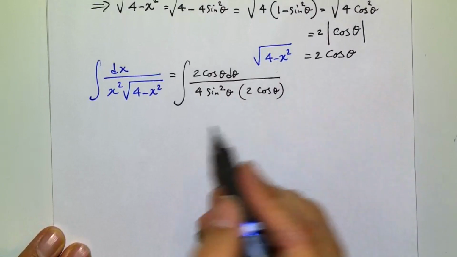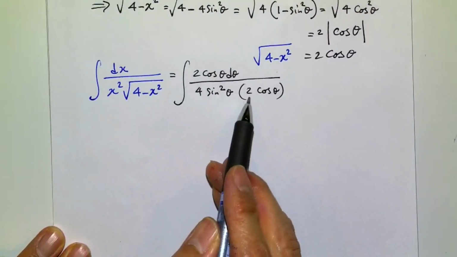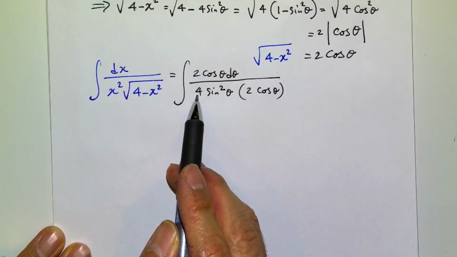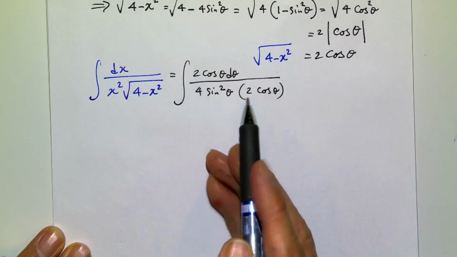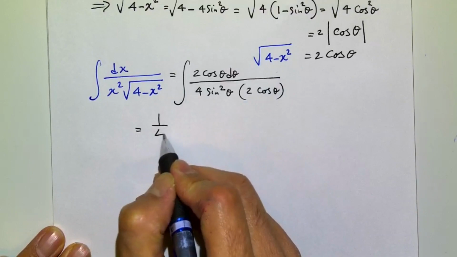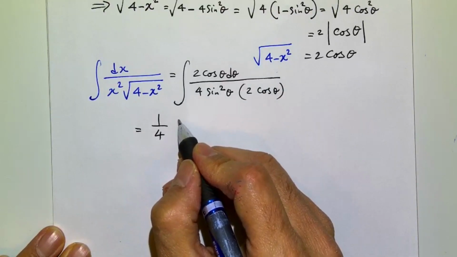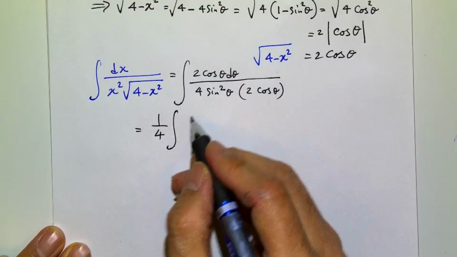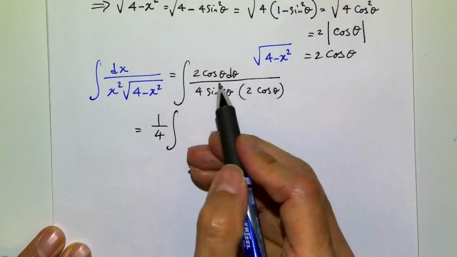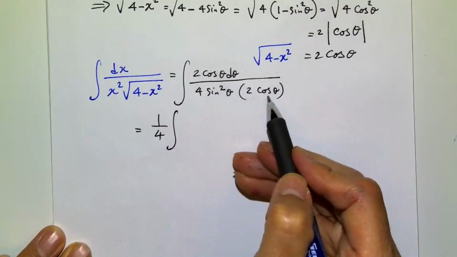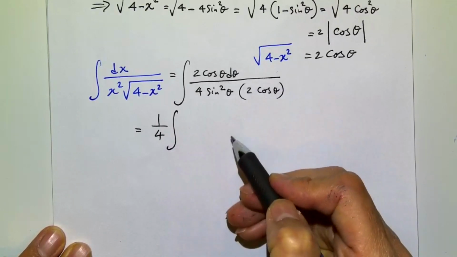Okay, so now what do we have? We have 2 over 2 times 4, 8, so 2 over 8 or 1/4. So let's simplify this. 1 over 4 times the integral of cosine theta over sine squared theta; cosine and cosine cancel out.